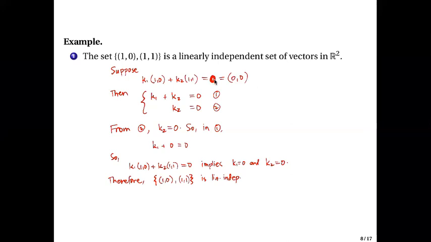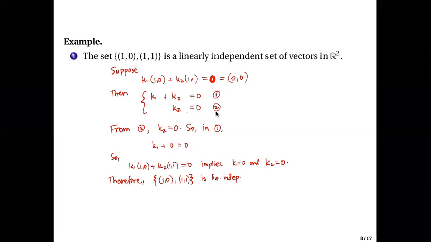So the first equation comes from the first components: k1 times 1 plus k2 times 1 equals 0.